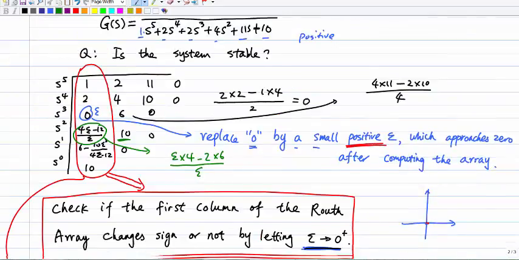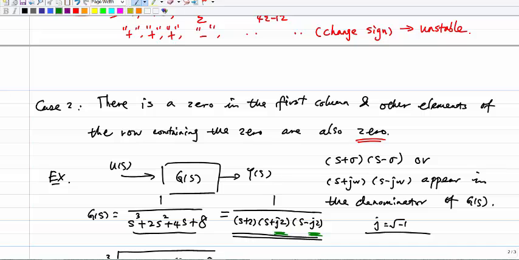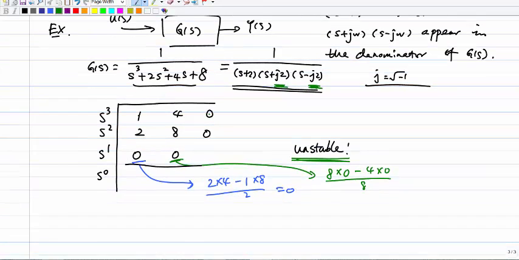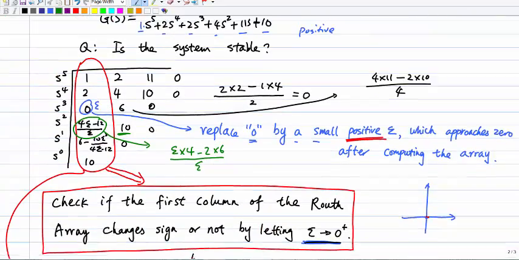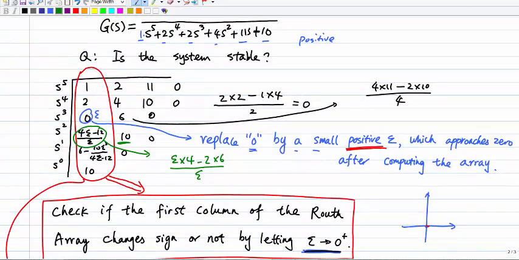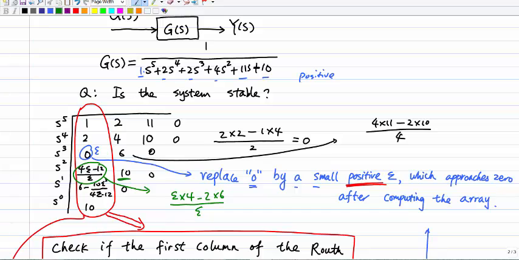Generally speaking, if you find one entire row is 0 after you compute the Routh array, you don't have to keep on computing. You just say this is unstable. If only the first entry of the first column is 0, but the entire row is not completely 0, and you still have non-zero entries over there, you replace the 0 by epsilon.